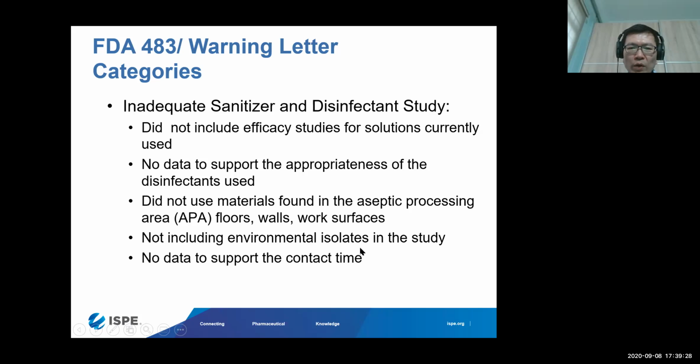They also did not include environmental isolates in the study, only using ATCC. There was no data to support the contact time as well. If you specify 10 minutes contact time in your cleaning procedures, you need to have the efficacy study documents to support the contact time specified in your cleaning procedures.